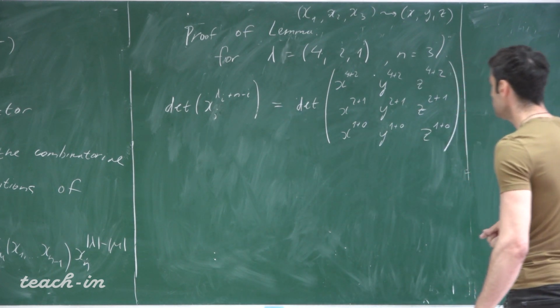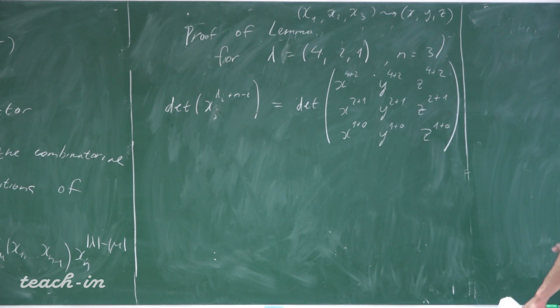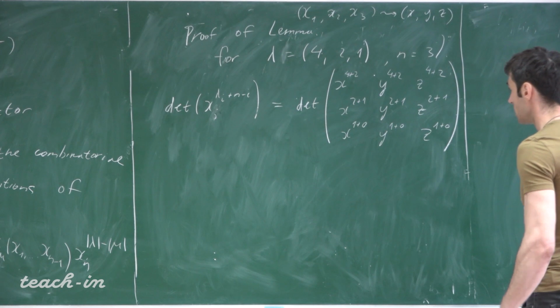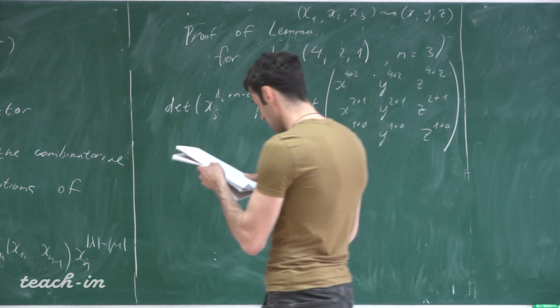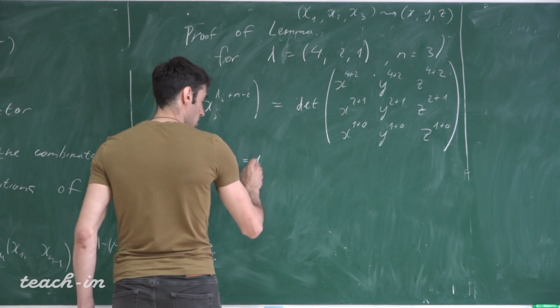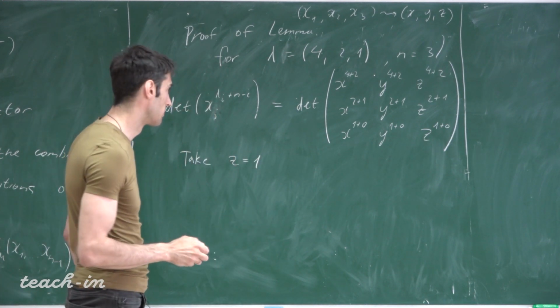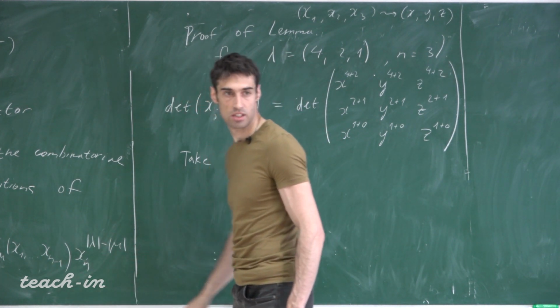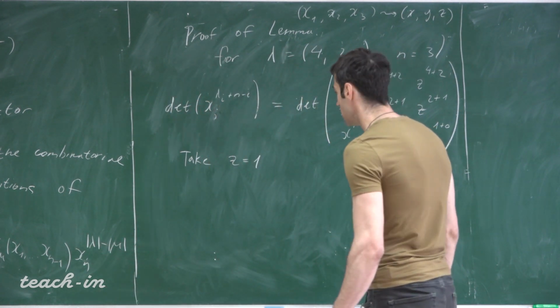So what is the next step? We take z equals to 1. Remember z is xn in this case.